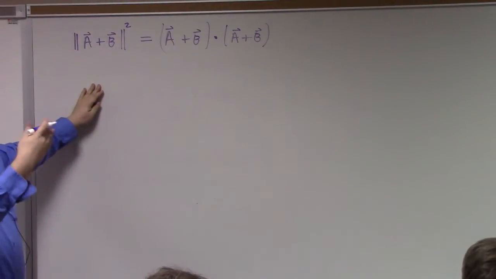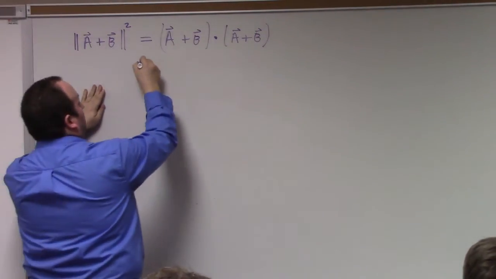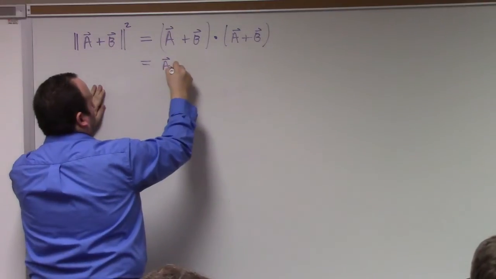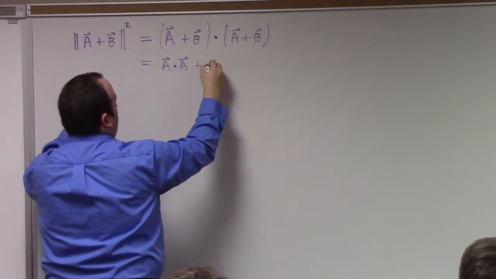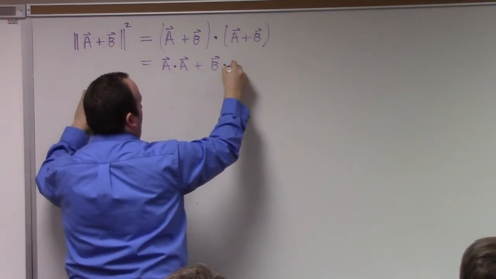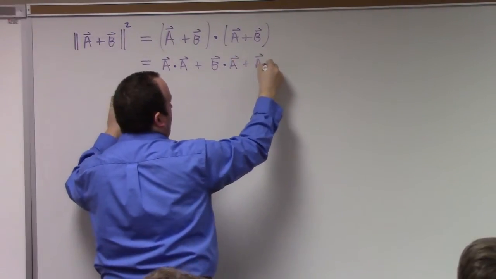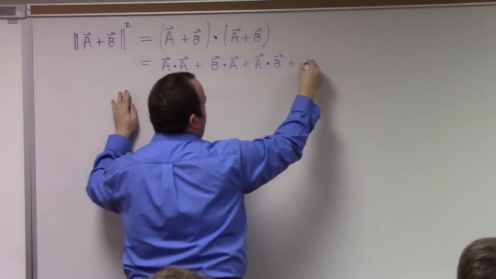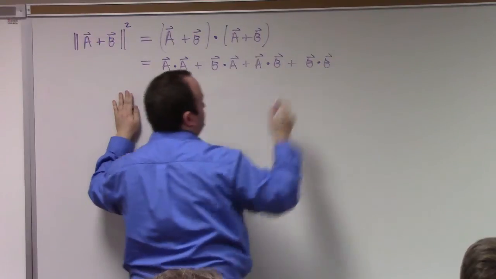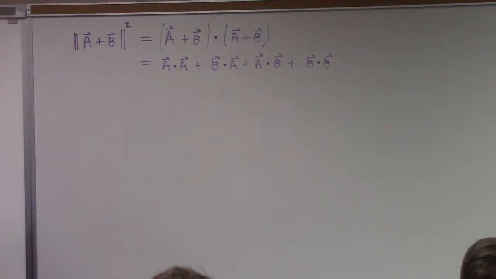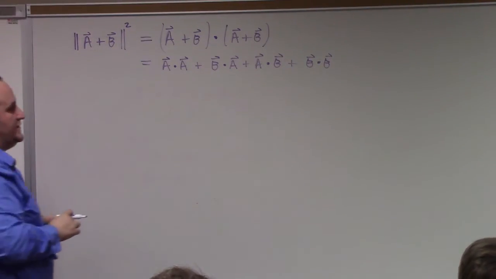Then we distribute using the things I just erased. So this is A dot A plus B dot A plus A dot B plus B dot B. And so what's that?